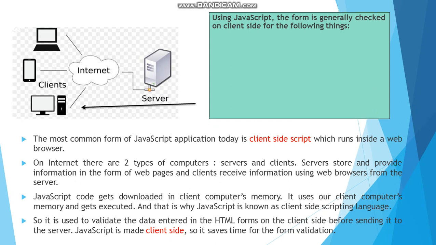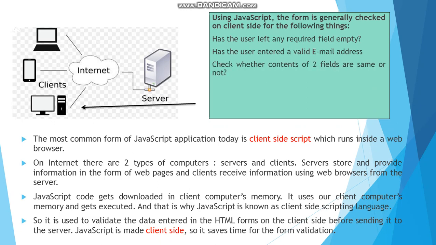Using JavaScript, the form is generally checked on the client side for the following things: Has the user left any required field empty? Has the user entered a valid email address? Check whether the contents of two fields are the same or not.